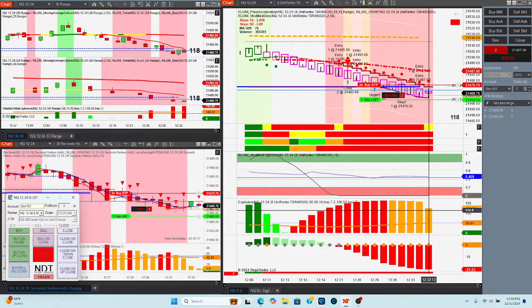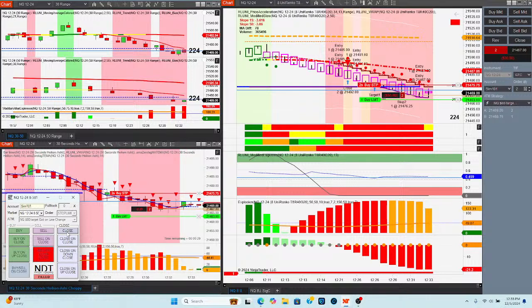I don't like how this is lowering. I really would like to see a red spike right here. I don't know if I'm going to get it. One reason I took this trade is that there is an 89 chart that I have on another screen.